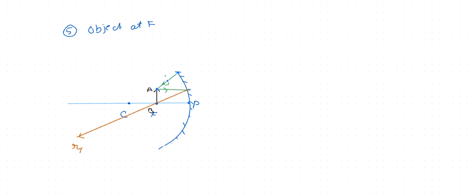Now this becomes my second incident ray. I call it I2. Now where will it get reflected from? An incident ray passing through the center of curvature gets reflected back on the same path. So let me do it like this.